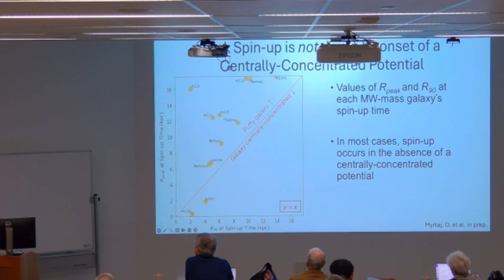The idea is that when you lie above the dotted red line, the rotation curve peak is large with respect to the size of the galaxy, and the galaxy is considered puffy. When you lie below that line, the potential is centrally concentrated. So it turns out that for almost all the galaxies in our suite, they're puffy and not centrally concentrated at the center.